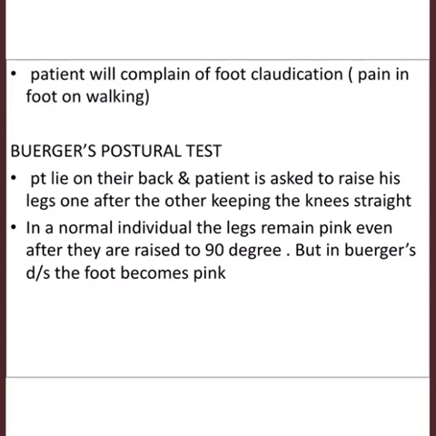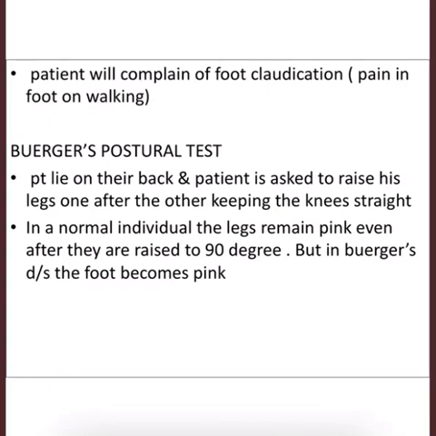You need to remember the difference between neurogenic claudication and vascular claudication. In neurogenic claudication, pain starts from upward to downward, and after a variable distance, when the pain occurs, the patient has to bend forward or sit down, then the pain relieves. But in vascular, pain relieves just on standing.